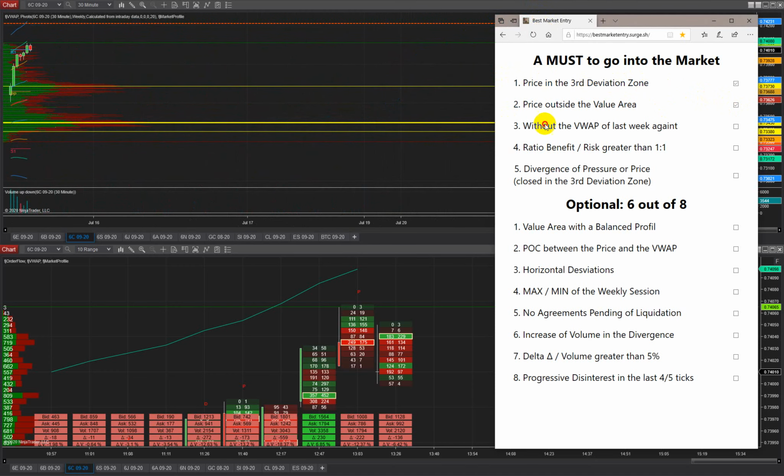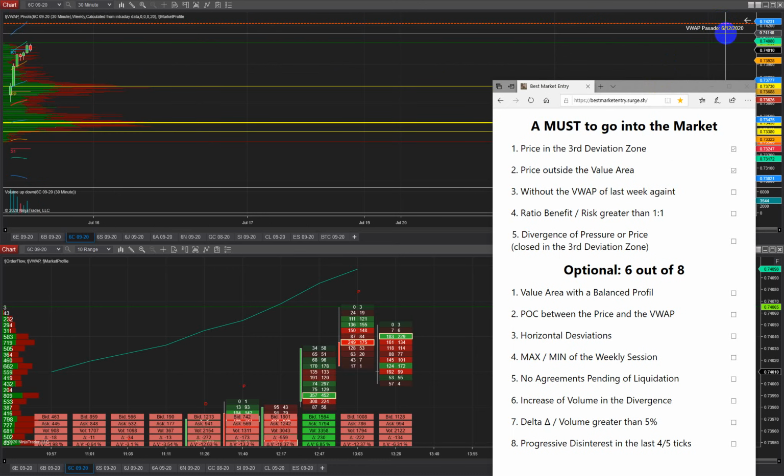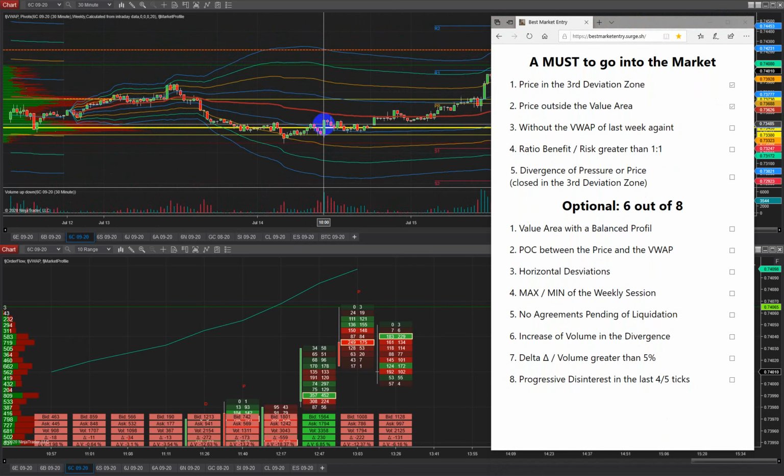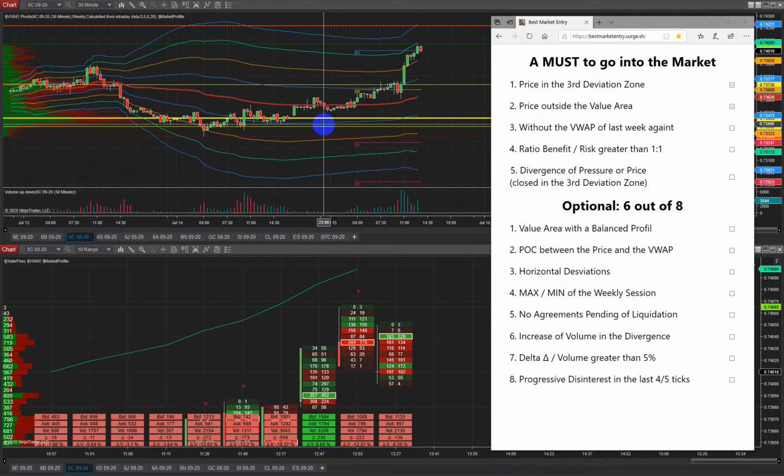The VWAP we have right here is from the 12th of June. That is not from last week, that is from almost a month ago. So we don't have the VWAP of last week against us.